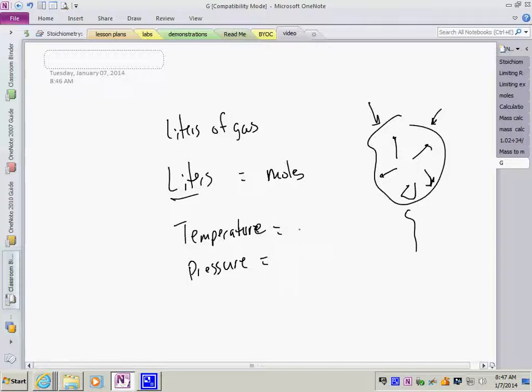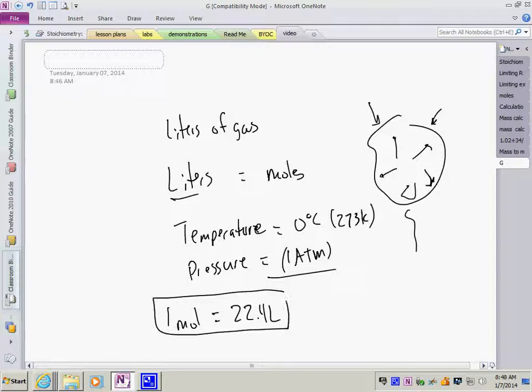So if we say our temperature is 0 degrees Celsius or 273 Kelvin, and our pressure is 1 atmosphere, given those conditions, with that sort of environment set up, 1 mole of any gas, it doesn't matter, unlike mass, where everything has different masses, particles not the same, 1 mole of any gas equals 22.4 liters. This is for any gas.